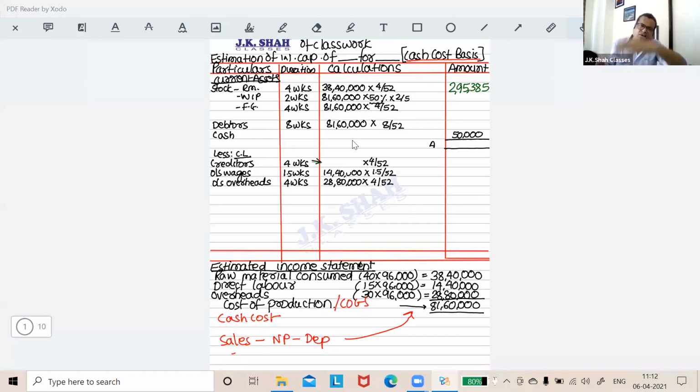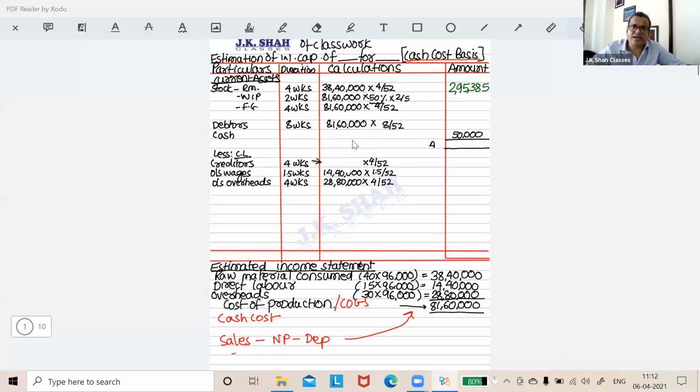So what we can do? We can take the total of all the three. The total of all the three is how much? 81 lakh 60,000.